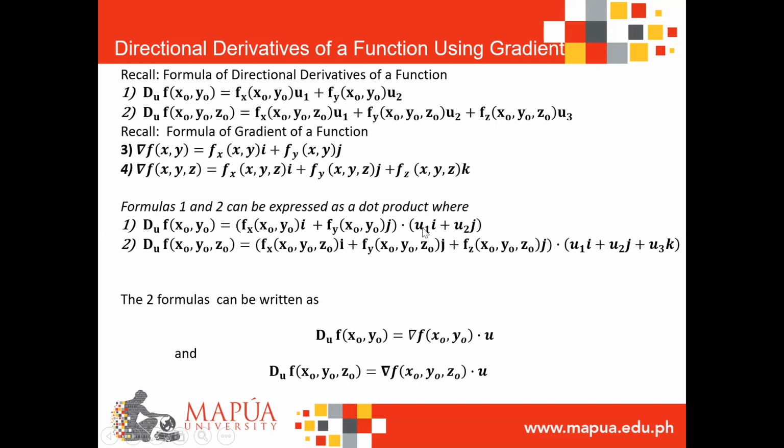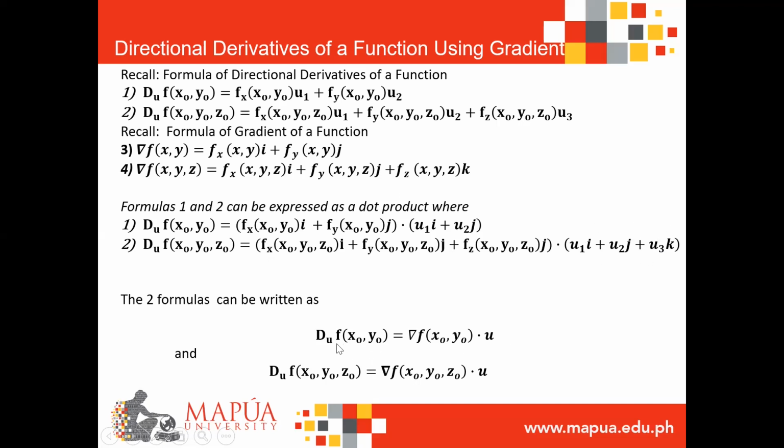So having this as the components of your unit vector. Similarly, the third equation with this term or factor can be expressed as a gradient or del f, then that product with the unit vector. So these are the components of your unit vector.